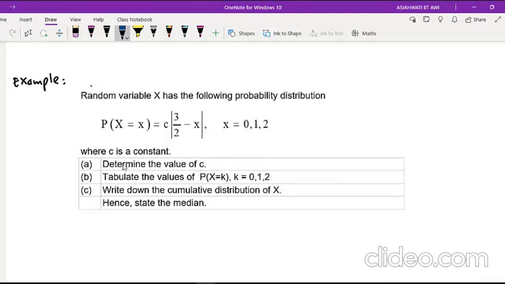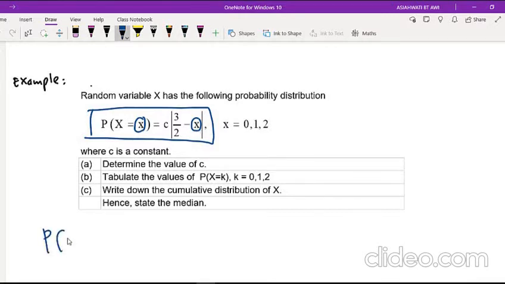C is a constant. To determine the value of c, given the statement, when x is equal to 0, 1, 2, we change x to 0, 1, 2, and at the same time we do so for this x. When x is equal to 0, the first step is to write down P of X equals 0 is equal to c times 3 over 2 minus 0, which is 3 over 2 c.